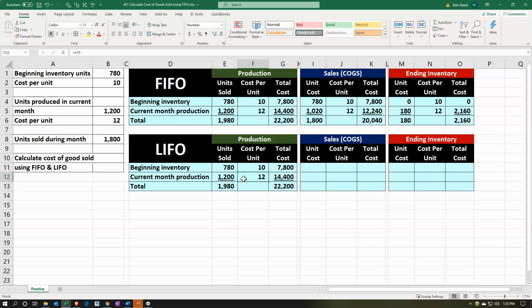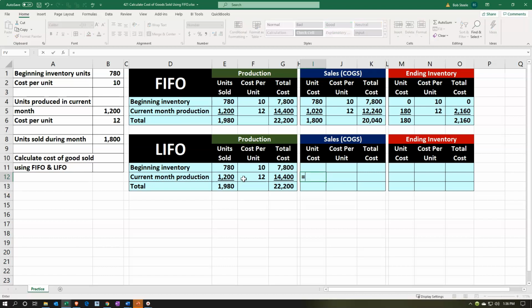Why would we want to look worse? Maybe for taxes, right? So if you can use last in, first out for taxes to lower your income, then you might end up paying less taxes. It's a timing difference. It'll wash itself out over time, but that's one indication. But it also just gives us a good idea of the difference between the different flow assumptions and the effect they can have on the financials.